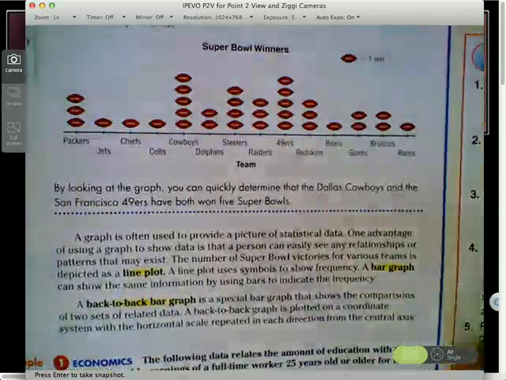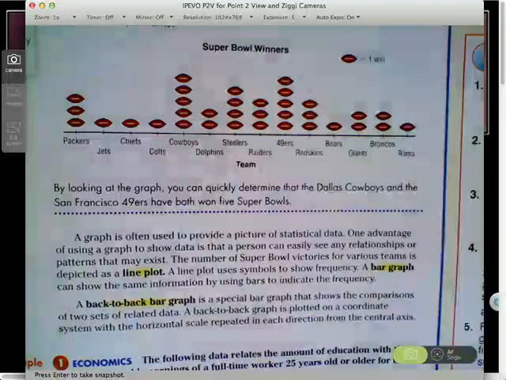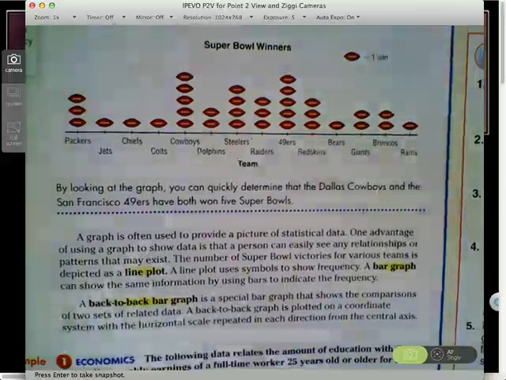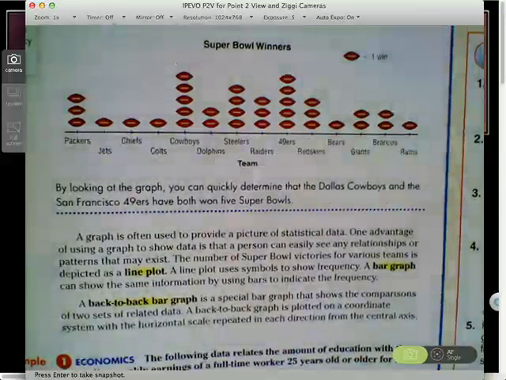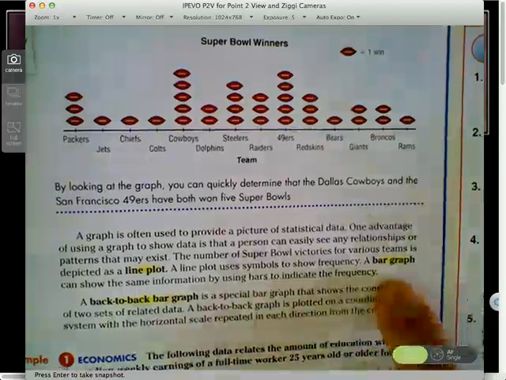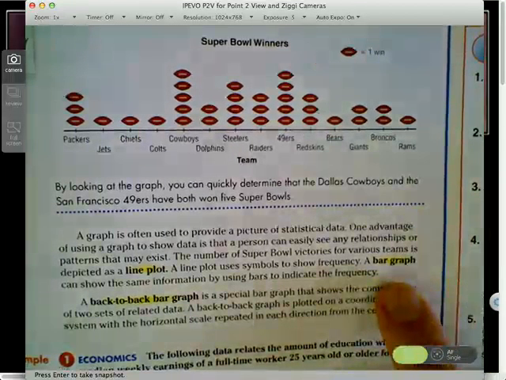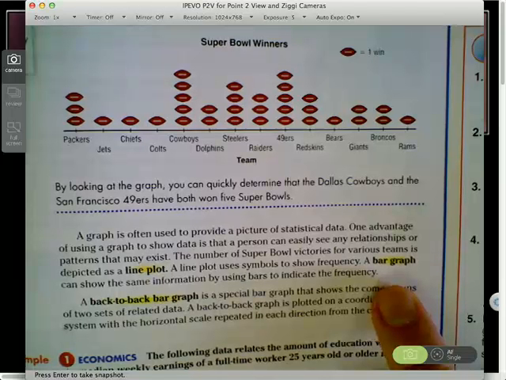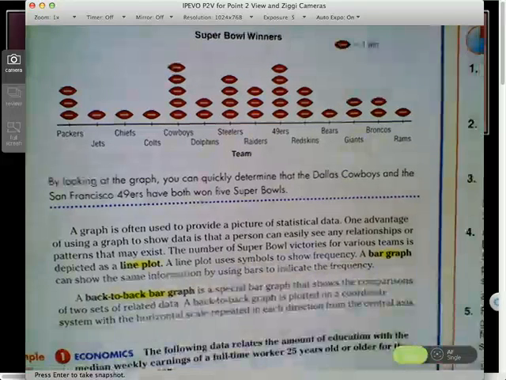So it provides a picture of the statistical data, and each of these graphs may have different benefits at different times. A similar representation would be a bar graph, where we'd have a vertical axis, and tick marks representing the different heights of the bars. And instead of having pictures, our bars would be representing that, and the height of each bar at each spot would be there as well.